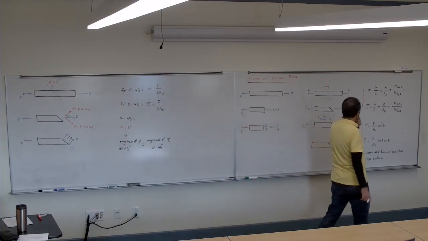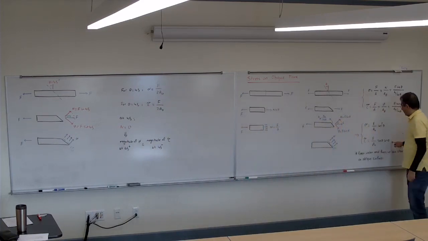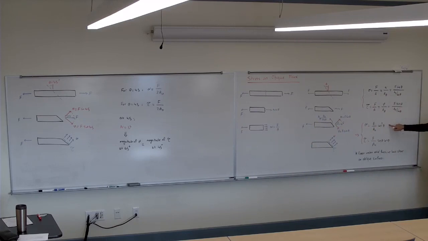So look at these two equations. When does sigma become maximum? If I start to cut the plane, starting from normal and keep cutting at an angle, at what angle is the sigma maximum?